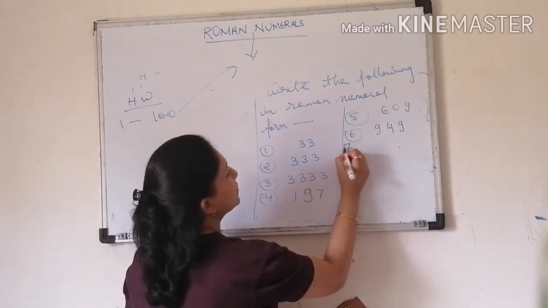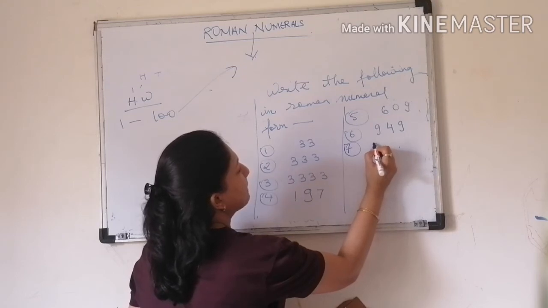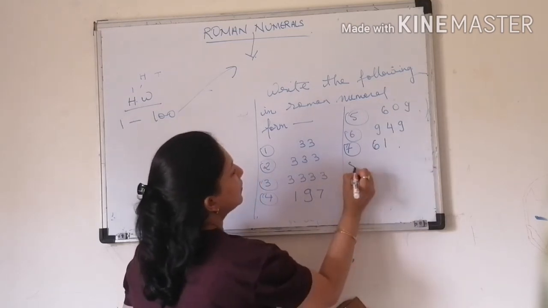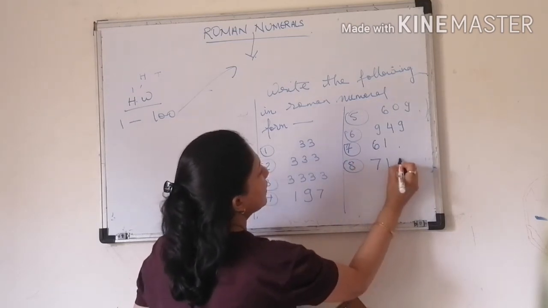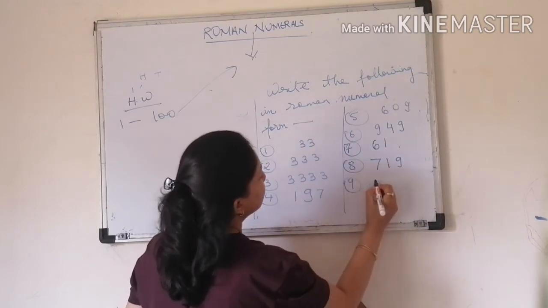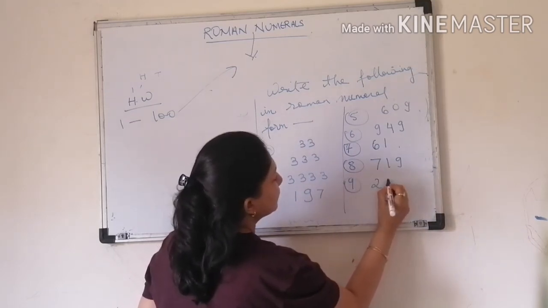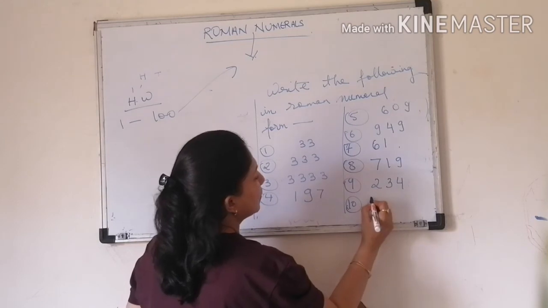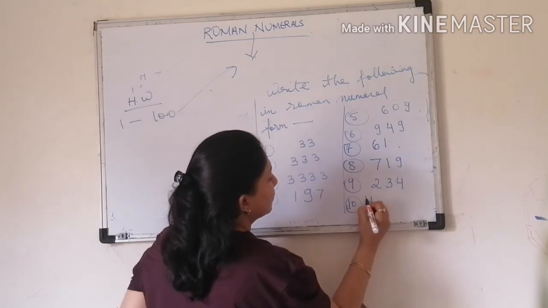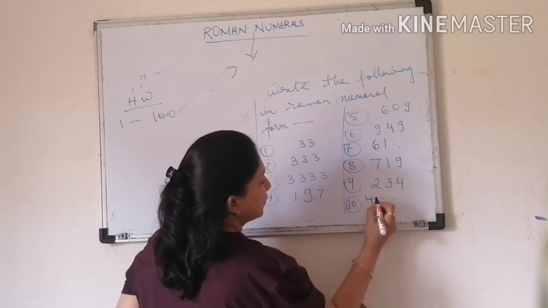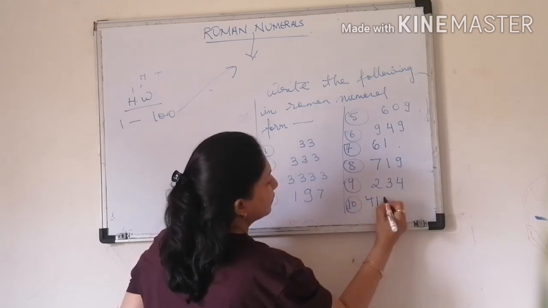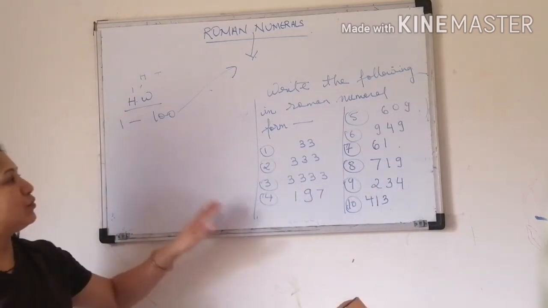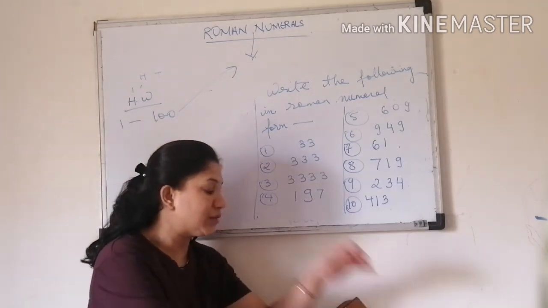I am giving you 10 questions. 7 is 61. 8 is 719. 9th is 234. And 10th is 1, 4, 1, 3. Copy the question, try to solve, and I will be sending you this.